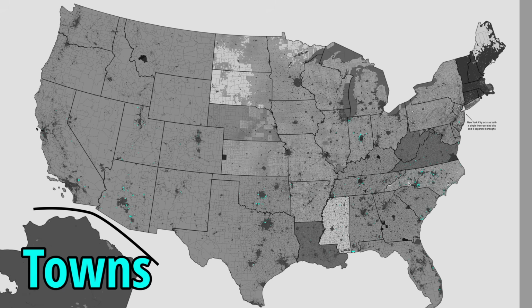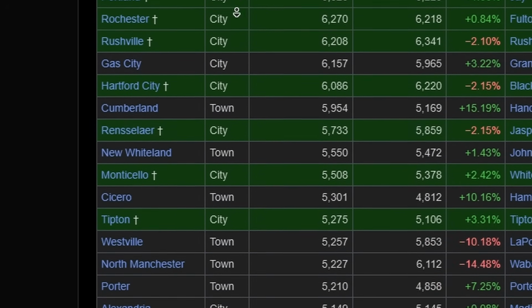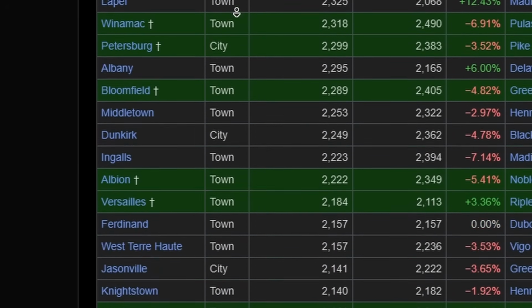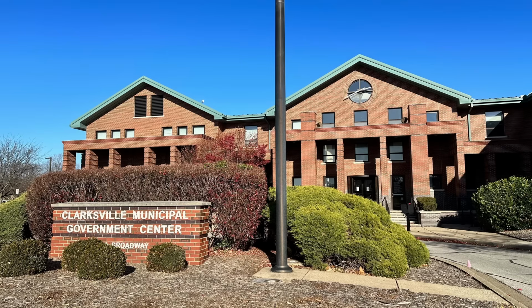But moving out of cities, we have towns. Towns are found in 31 states, and much like cities, they vary per state. But one consistency is that they almost always represent incorporated places of less population than cities. These towns will have their own governments and municipal functions, and the dependency of these towns varies per state.